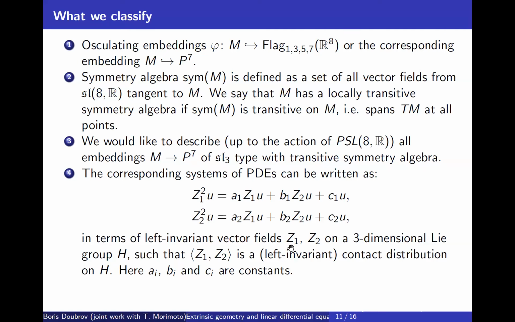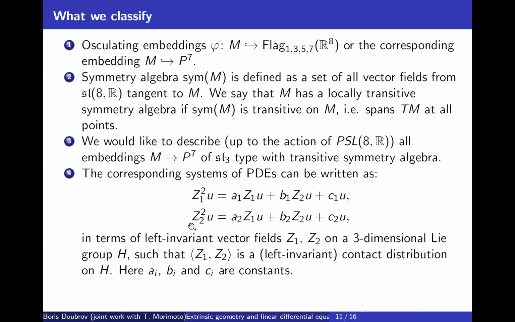We can assume that Z1 and Z2 are certain left invariant vector fields on a 3-dimensional Lie group H, such that Z1, Z2 span a left invariant contact distribution on H. We still want Z1, Z2 to be non-holonomic, so they span a contact distribution, but now we have a 3-dimensional simply transitive symmetry algebra, and then the same symmetry algebra will be present for the corresponding system of PDEs.